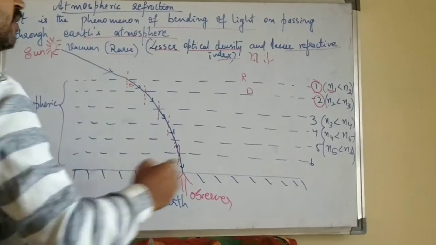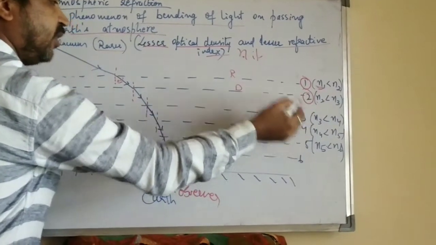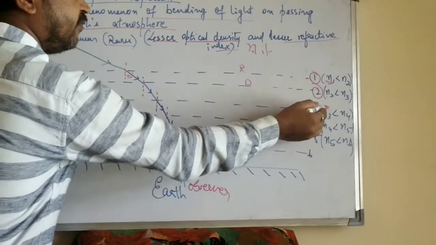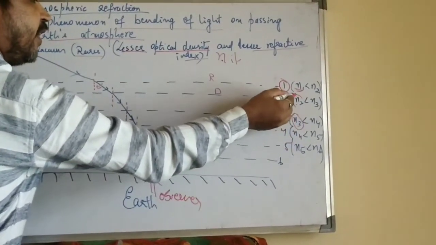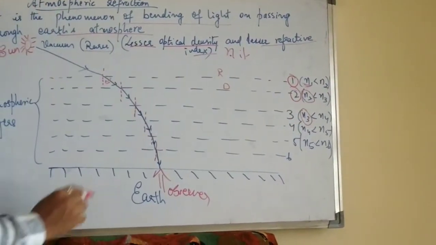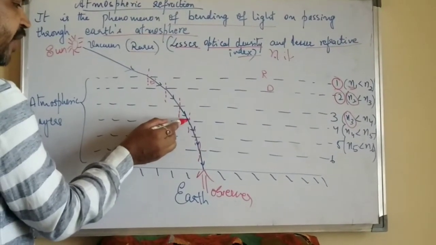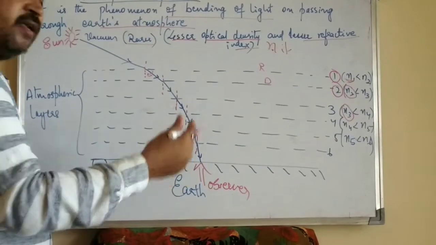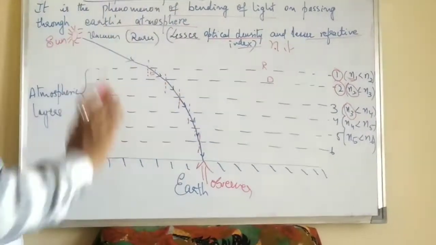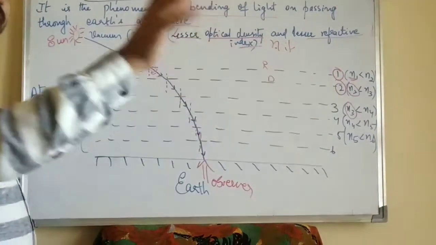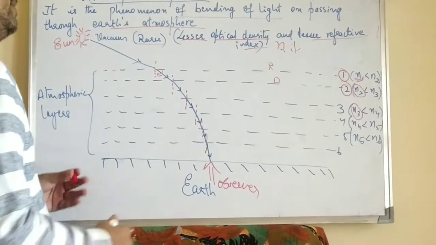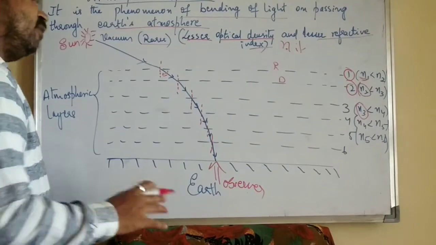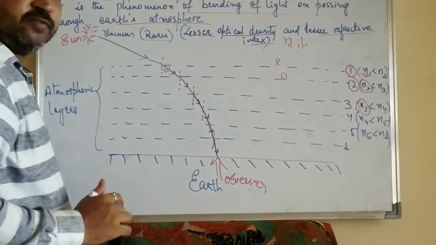Now consider the second to the third layer. When it moves from the second to the third layer, the refractive index of the third layer is greater than that of the second layer, so again it bends. Like this, when it moves from one layer to another, the previous layer becomes the rarer medium and the next layer becomes the denser medium. So there is variation in the optical density, and the refraction process takes place.